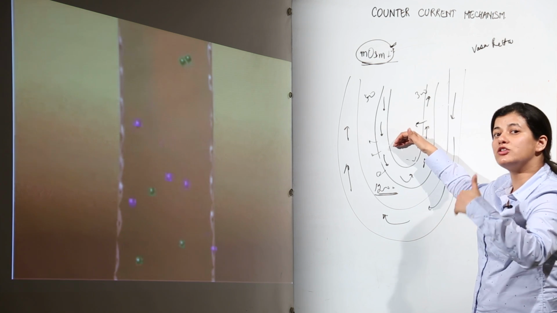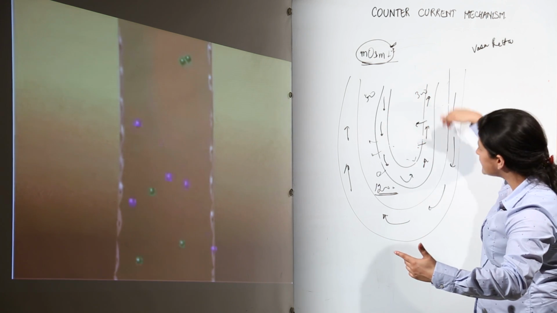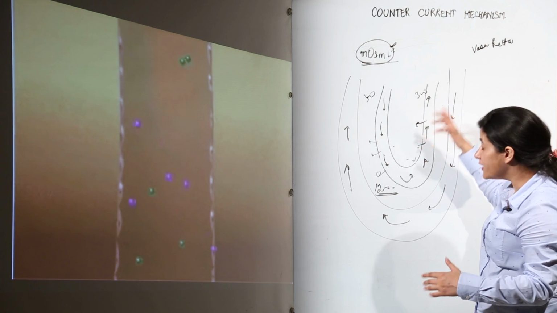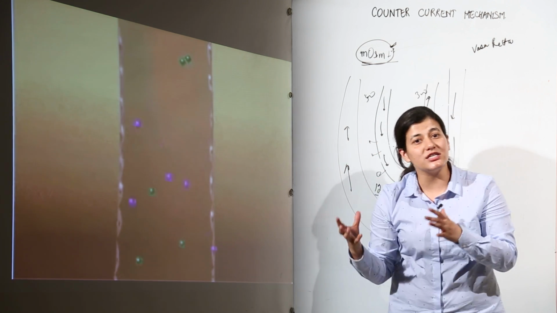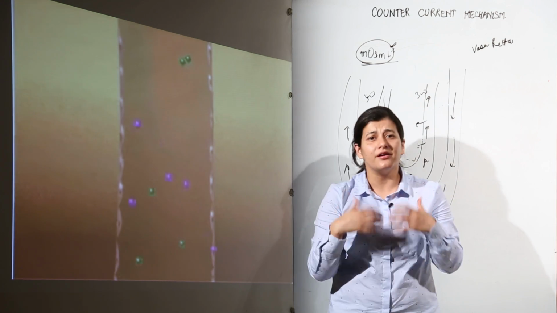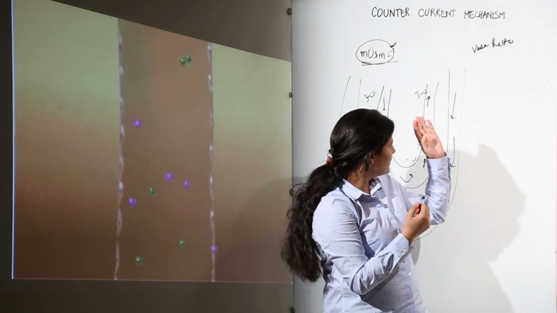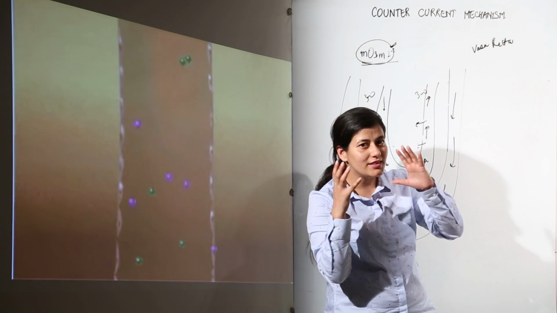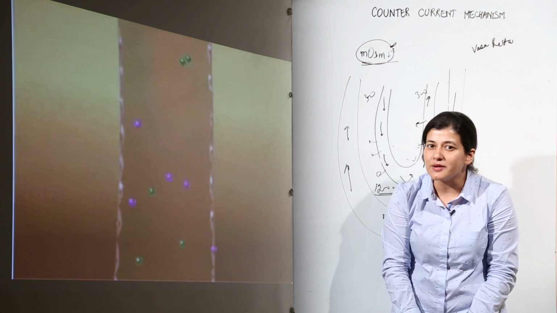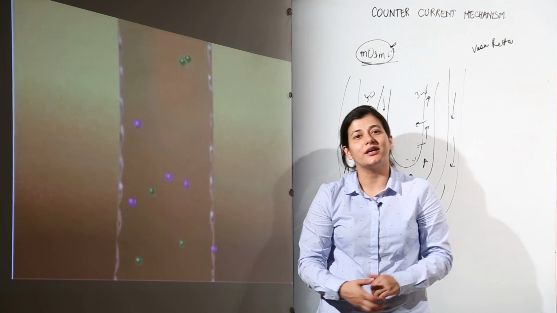The descending limb then throws out water, and then this countercurrent goes on and on and on, and the blood which had lost so much of water, it takes up the water. The interstitium which had lost so much of sodium and it could not take up the chloride ions, they are taken back into the interstitium, and because this is going on and on and on, there is concentration of urine which takes place as a result of countercurrent mechanism.